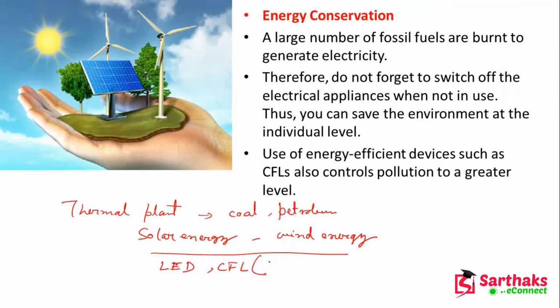CFL, as you know, is the compact fluorescent lamp. If we are using LED or CFL lamps, you can save the energy. This is an energy saving bulb that consumes much less energy than the conventional incandescent lamps.